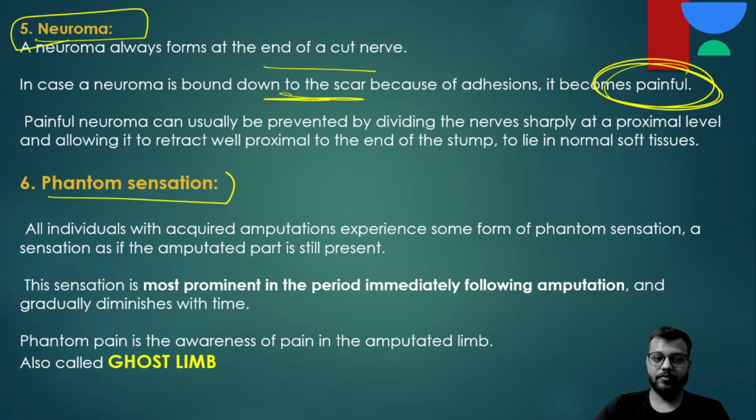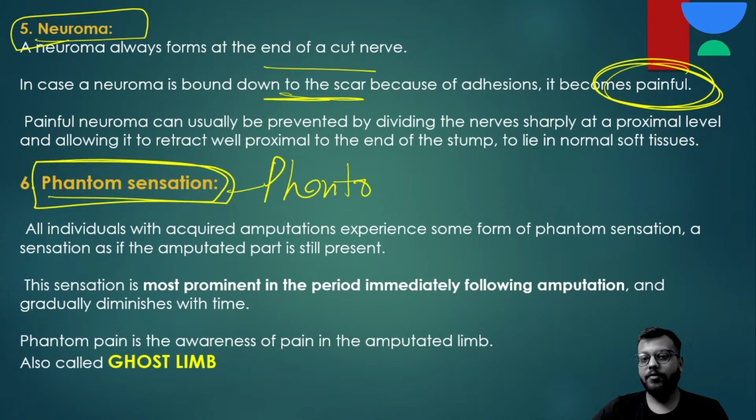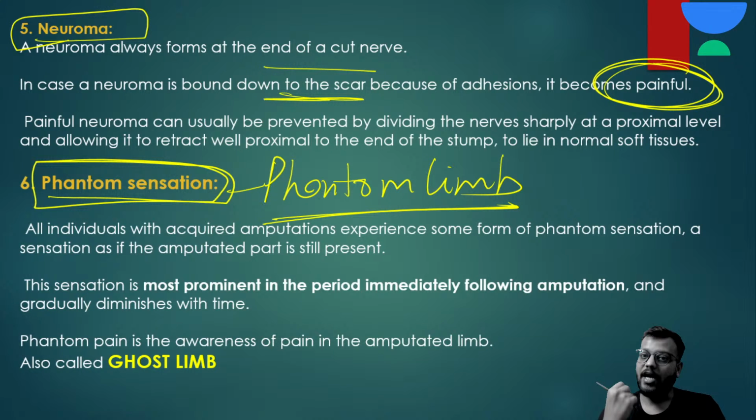Now phantom sensation, very important. What is phantom limb? Phantom limb is nothing but the sensation of the amputated part. Okay, like if I have disarticulated the knee in any patient, then the patient will still feel like he or she has the entire leg or the ankle.